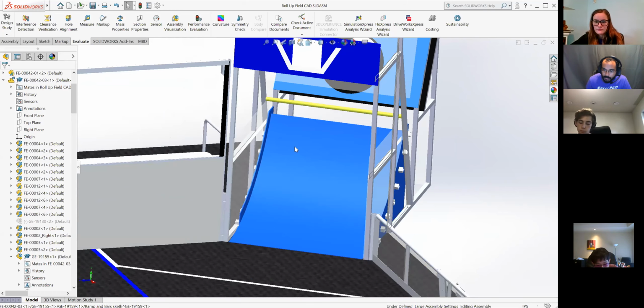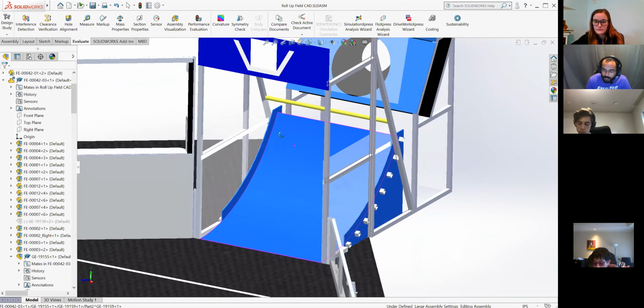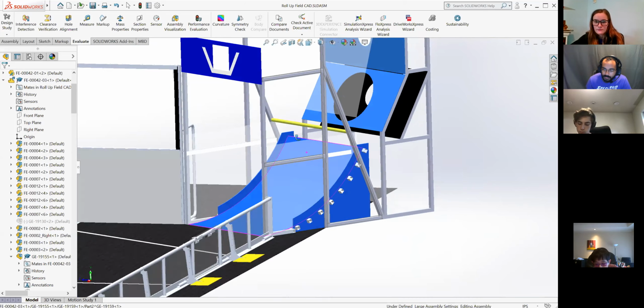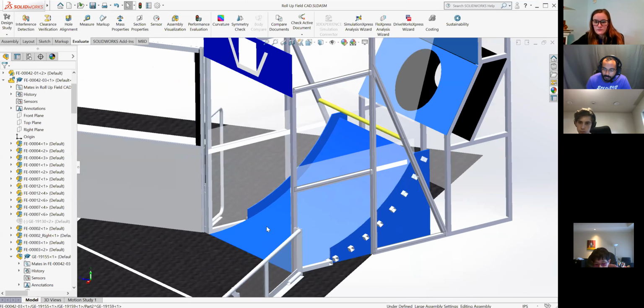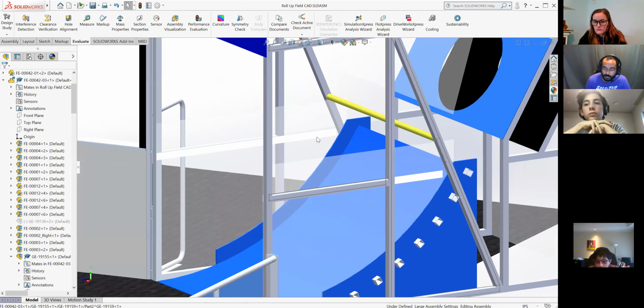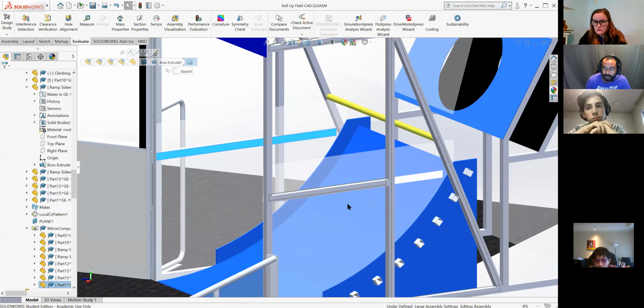The end of the match, since we're already here, we can talk about that, is to have robots try to either be low parked, which is where some part of the robot is touching the carpet and some part of the robot is touching the ramp. So if they just drive up here, you get a certain amount of points for being low parked. If you're high parked, it's where your entire robot is being supported by the ramp, but your bumpers are below this white line.